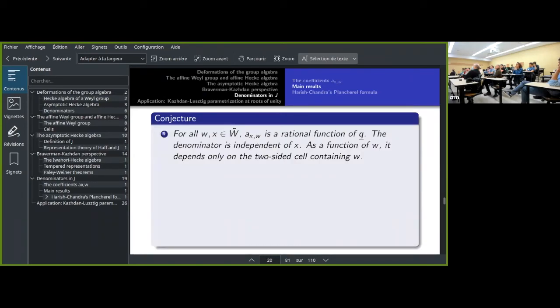So the conjecture is that these coefficients are rational functions of the formal variable, just like in the finite case. The denominator doesn't depend on x, but only on the two-sided cell containing w. There is some natural number such that a power of the Poincaré polynomial of the finite group clears all denominators of these coefficients.